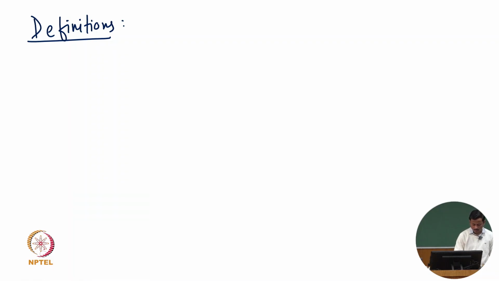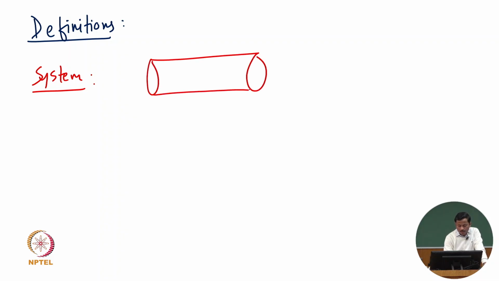Just before getting there, we'll have some small definitions. First of all, a system briefly is just a set of particles which is of our interest. You can word it in any way that you like, and again I'll give the example from the pipe. If you are interested in this set of particles, this is your system.